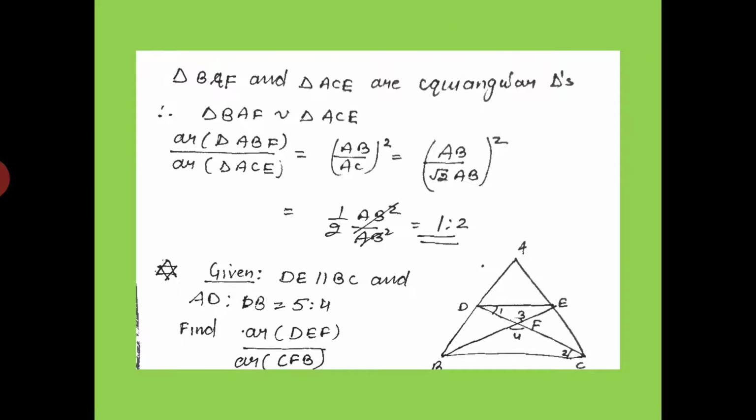First you have to prove that these two triangles are similar. I think you are able to do this. Because these two triangles are equilateral, each angle is equal to 60 degrees, so both triangles are equiangular and hence similar. So triangle BAF is similar to triangle ACE.